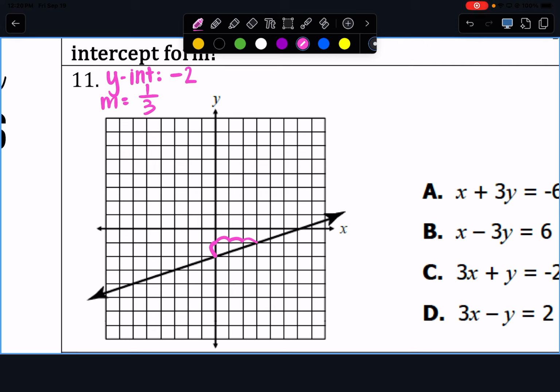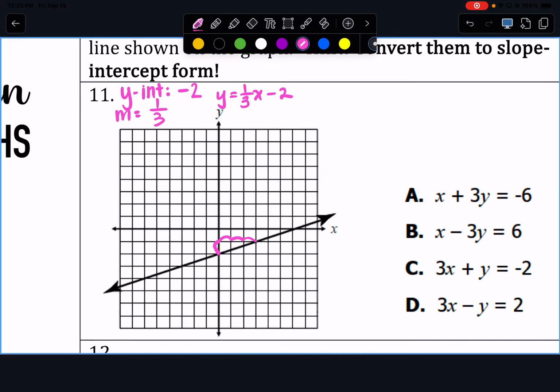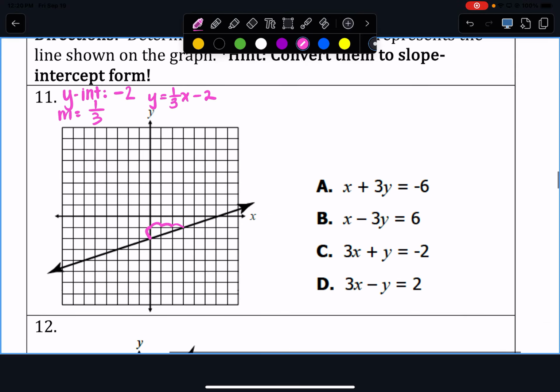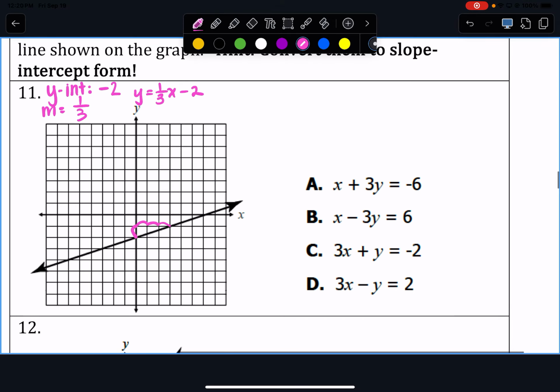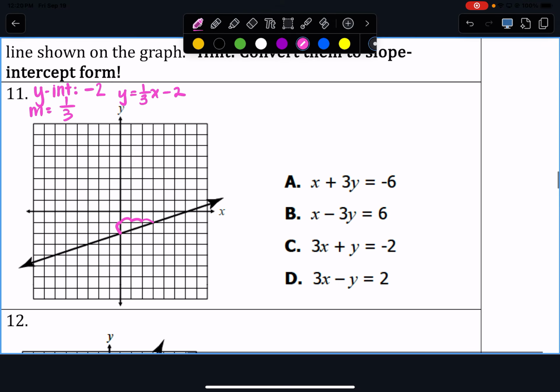So we are looking for the equation y equals 1/3 x minus 2. So we're going to convert these from standard form to slope-intercept form. For A, what do I need to do first to convert that?